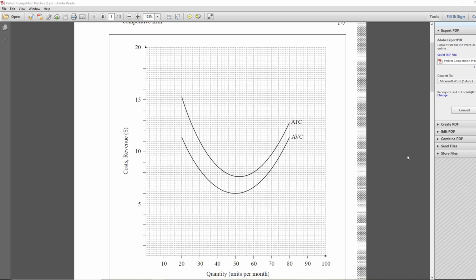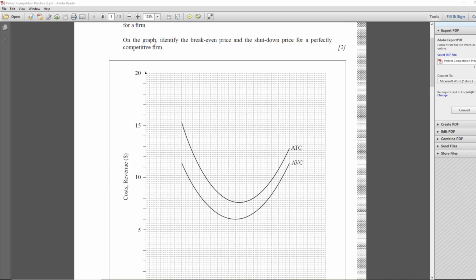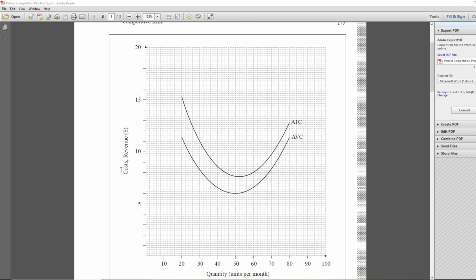So how did you identify it? Did you just put a number here, or how did you do it? Or you still haven't finished it? So how did you write the answer? Because the question is asking you to identify the break-even price and shutdown price. Put a number. Okay, 7.3.